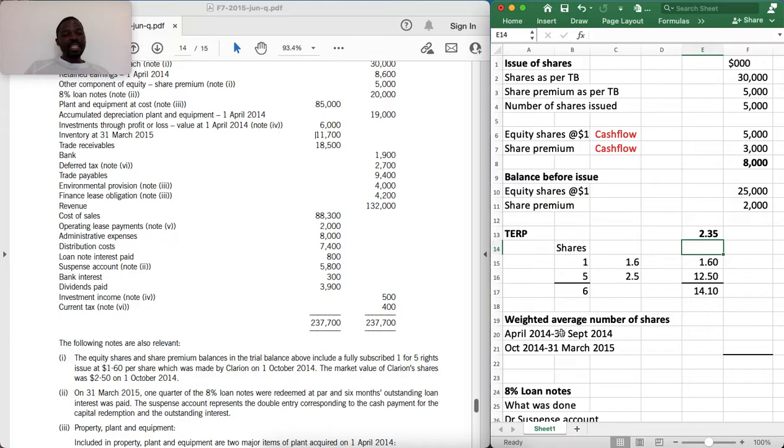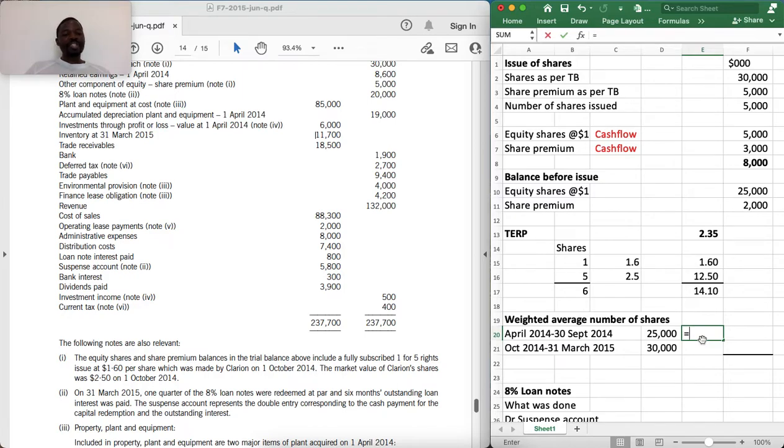Now, before the issue, how many shares were there? Before the issue, the shares were 25. After the issue, how many shares were there? As per the trial balance, they were 30. Then this 25, we need to multiply it with the bonus fraction before apportioning it.